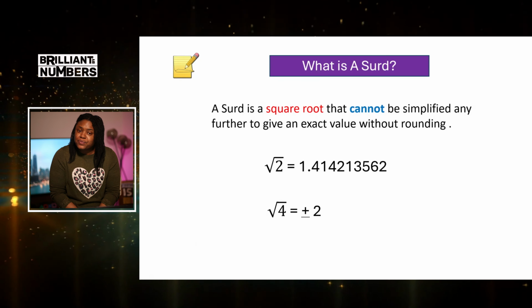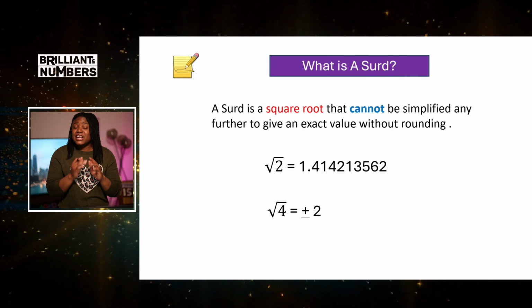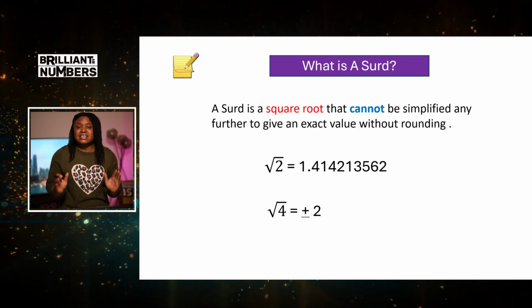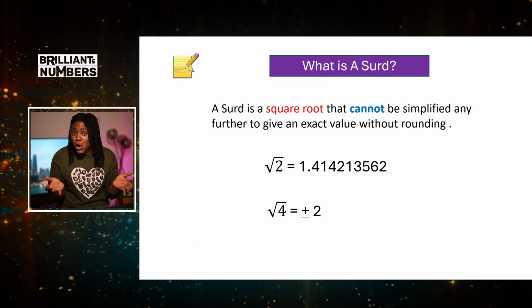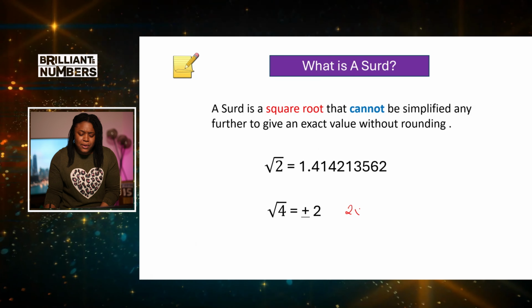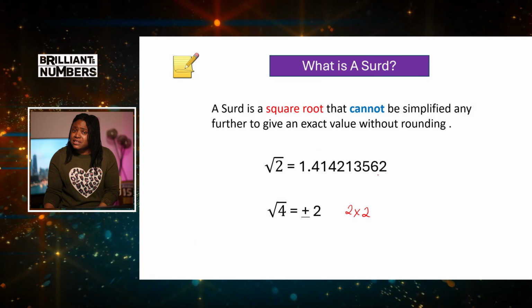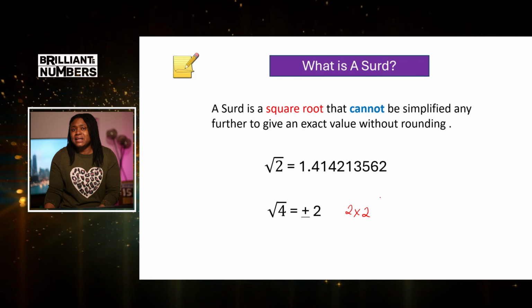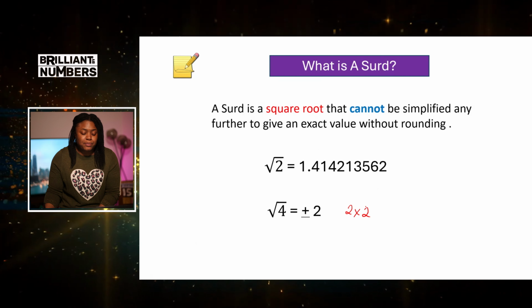Another example here now is the square root of 4. You can see here there is a huge difference. The answer is just either positive 2 or negative 2. Now, negative 2 and positive 2 both, multiplied by themselves, produce positive 4.